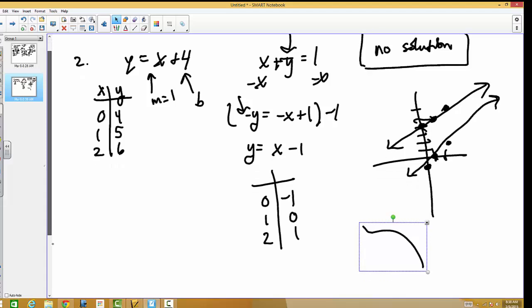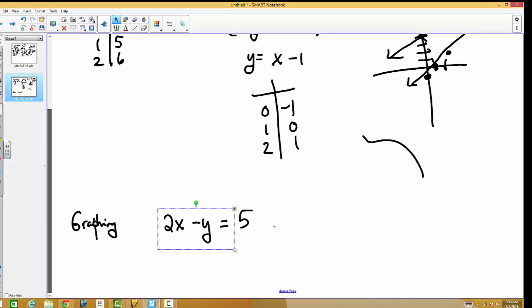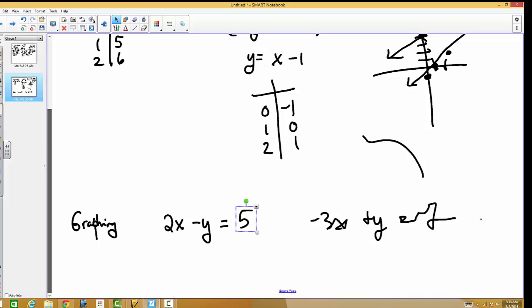So what I want you to do right now is flip your paper over, and for your graphing problem, I would like you to do 2x minus y equals 5 and negative 3x plus y equals negative 7. Can you even read that?